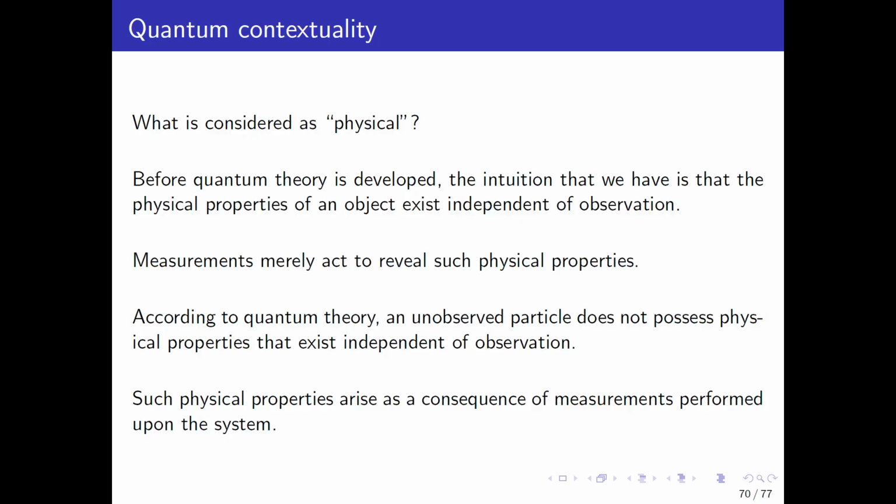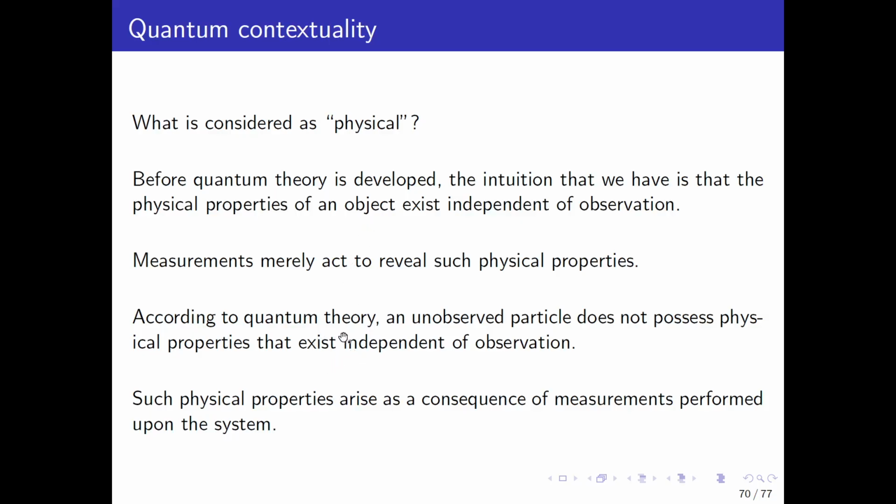This is another thing that is counterintuitive compared to classical theory, because we know that for quantum theory, if you don't perform the measurements, that kind of physical property does not really exist, and you cannot fix a certain number to that measurement just like that.